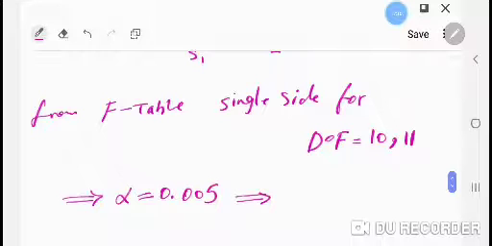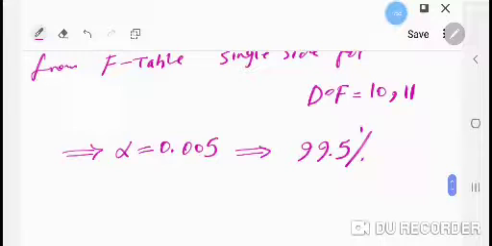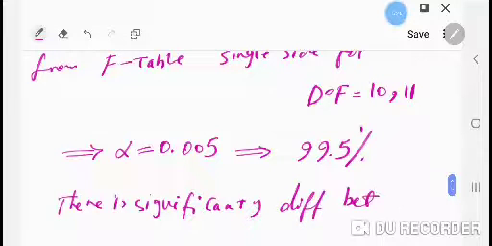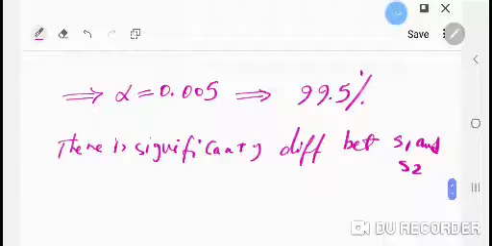That means with 99.5% confidence there is a significant difference between S1 and S2. This means that the variances are significantly different.